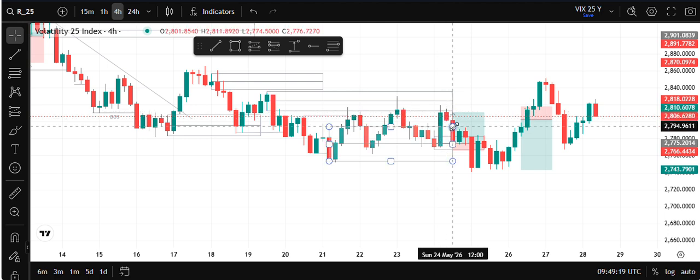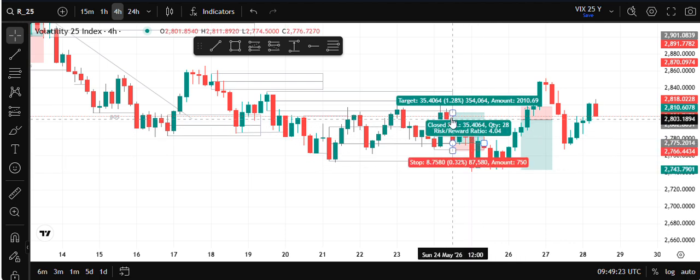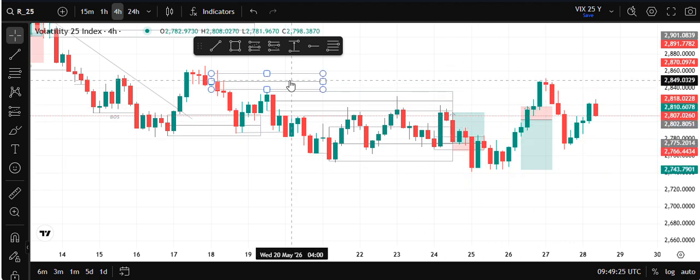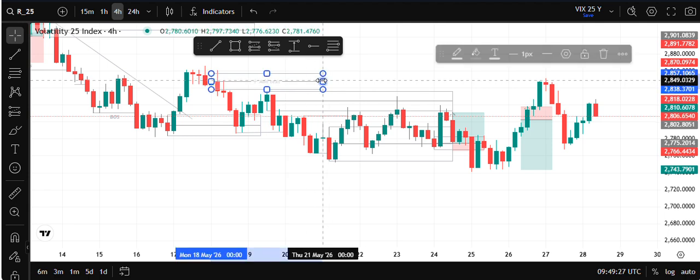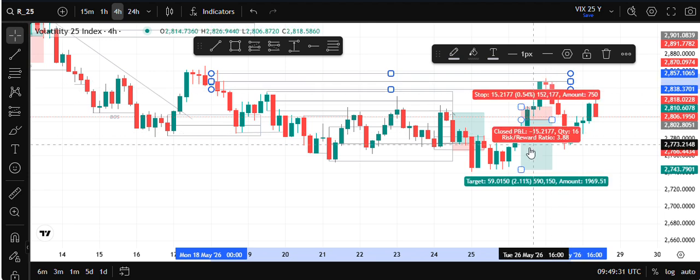Probably because I wanted this and then another one came back down. But this would have been a perfect entry. So anyway, this one went on a loss.